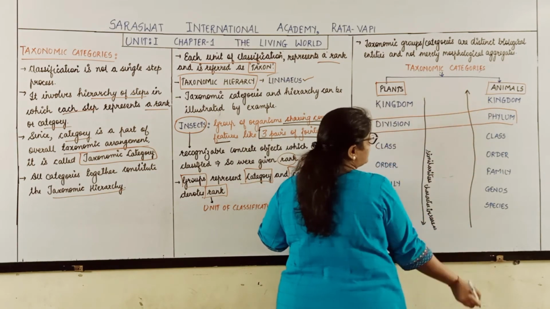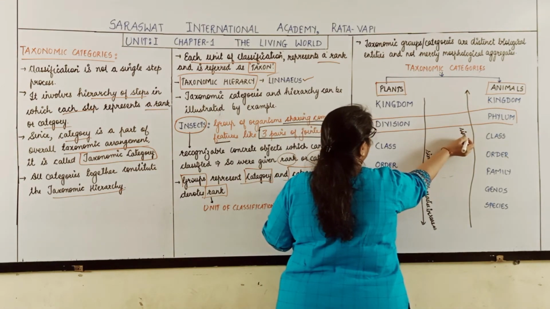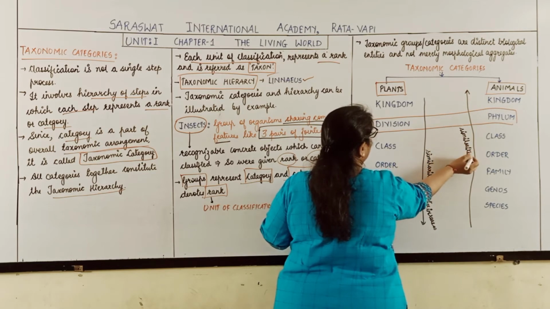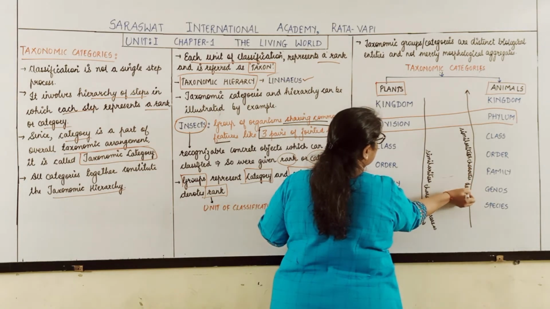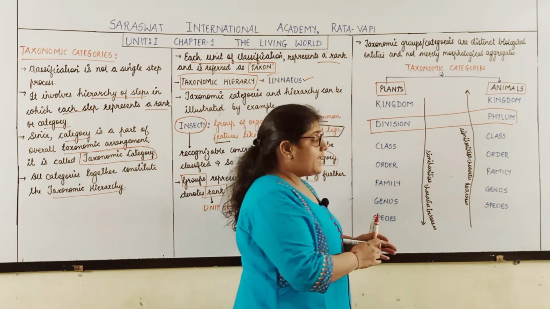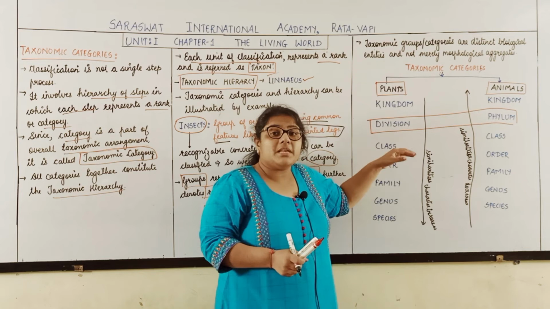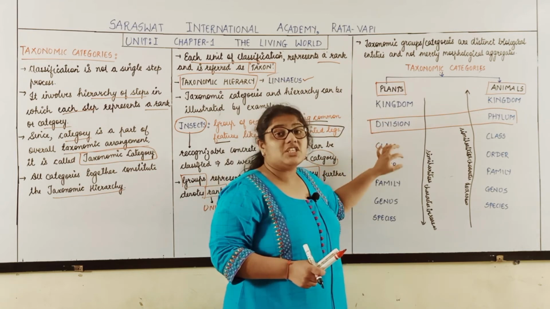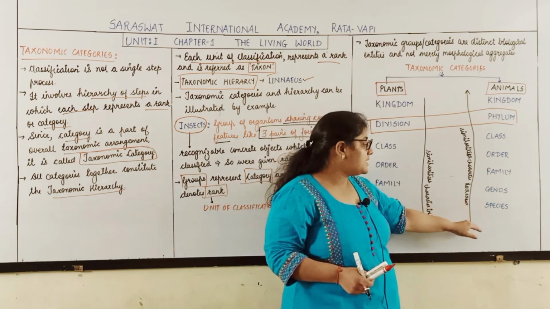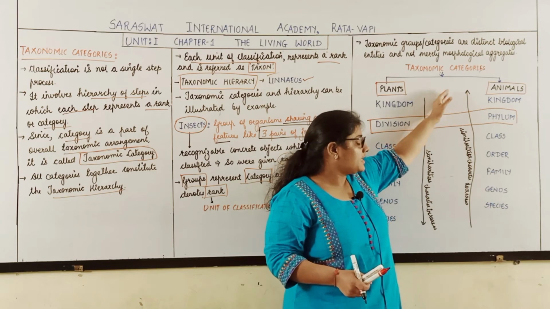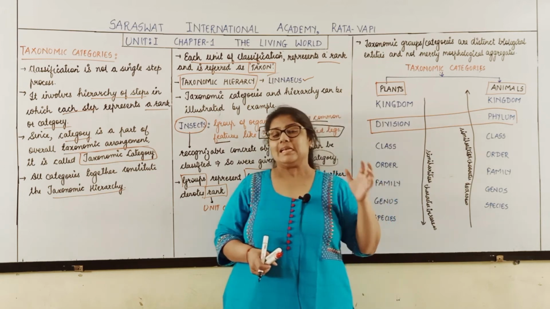As we move from species to kingdom, the similarities in the characters decrease. As we move from kingdom to species, the number of similar characters within each category goes on increasing. Vice versa, as we move from species to kingdom, the similarities within the group keep decreasing.